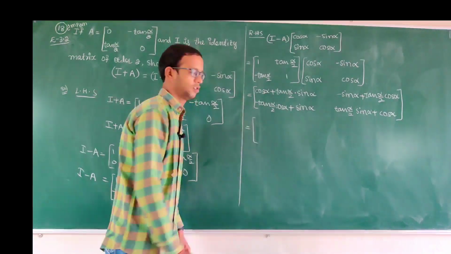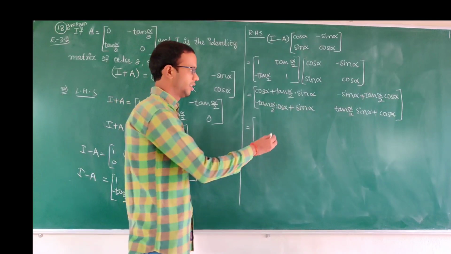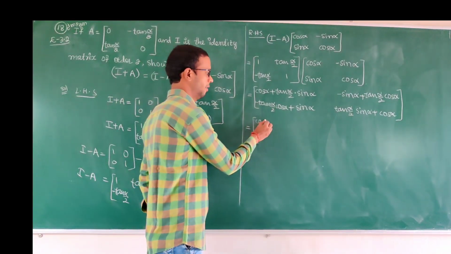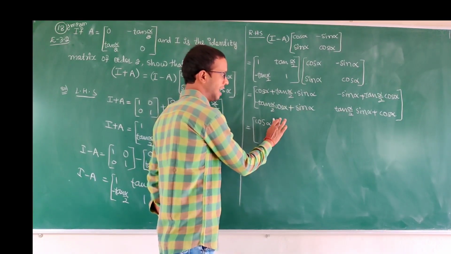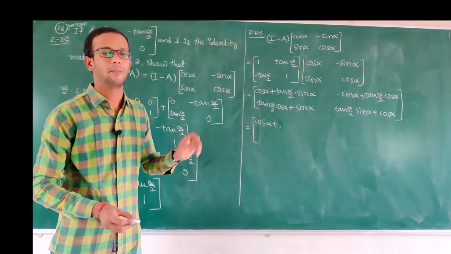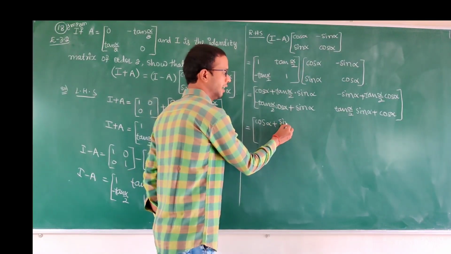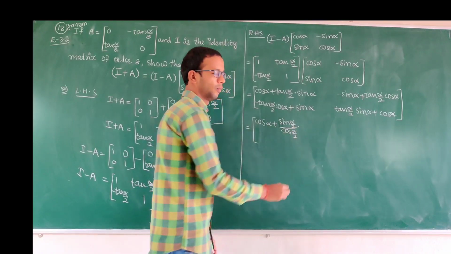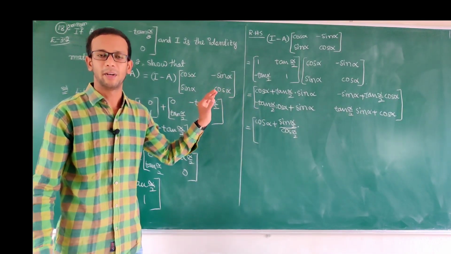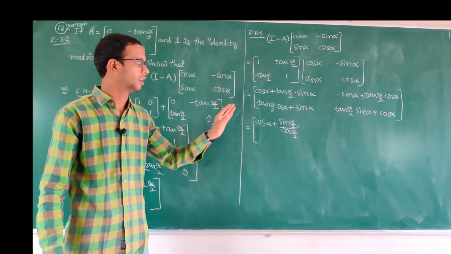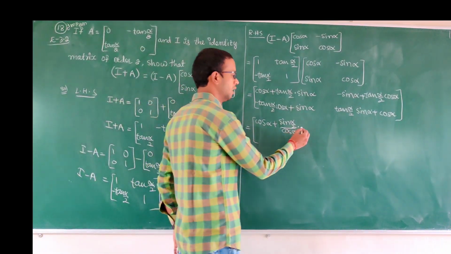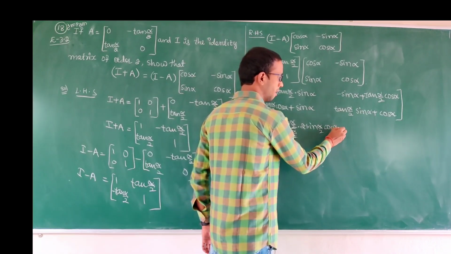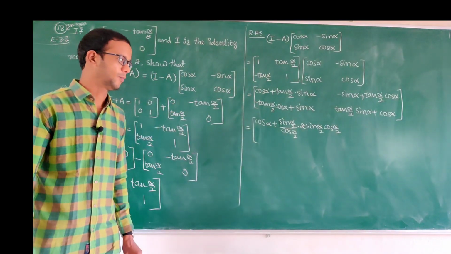How to make the simplification? Cos alpha as it is I will write here, plus tan alpha by 2, writing tan alpha by 2 as sin alpha by 2 by cos alpha by 2, into sin alpha. By the trigonometry identity, sin alpha is 2 sin alpha by 2 cos alpha by 2.